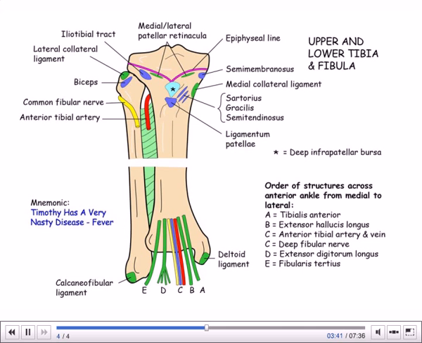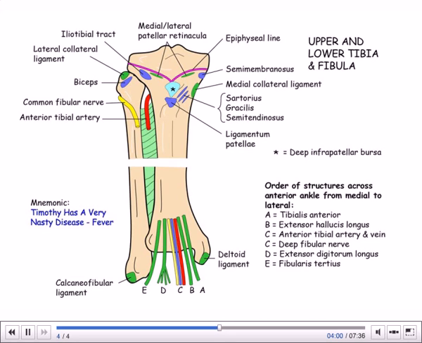Now this rather full image shows some really important aspects. What is quite clear is that the lateral malleolus is made up of the lower end of the fibula, and the medial malleolus made up by the medial side of the tibia.